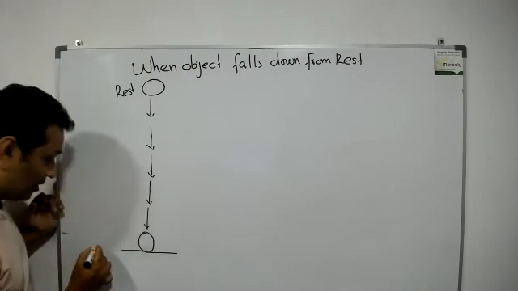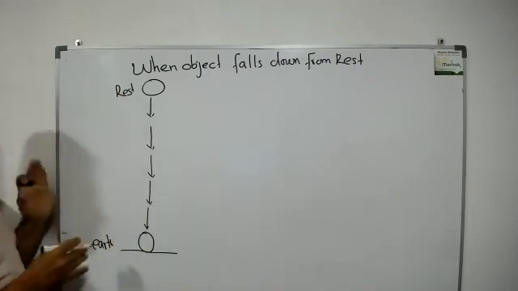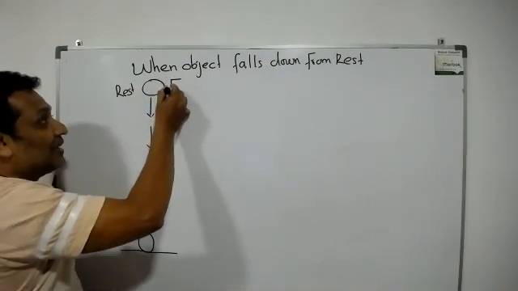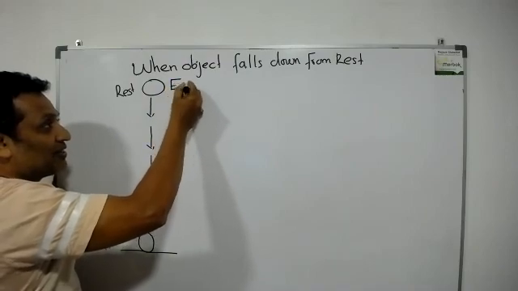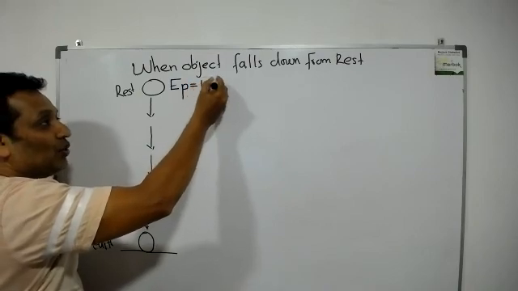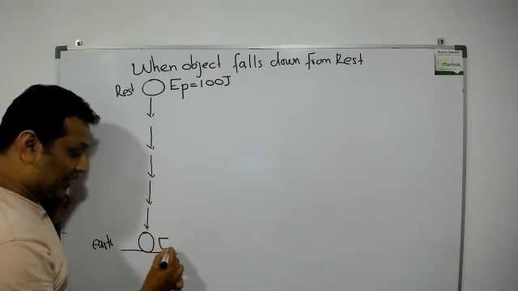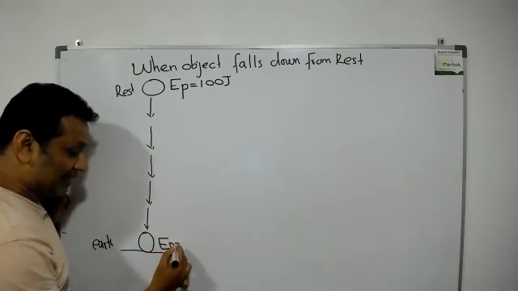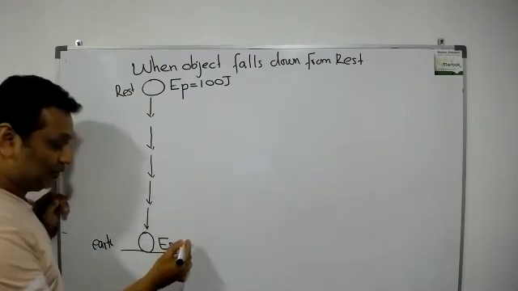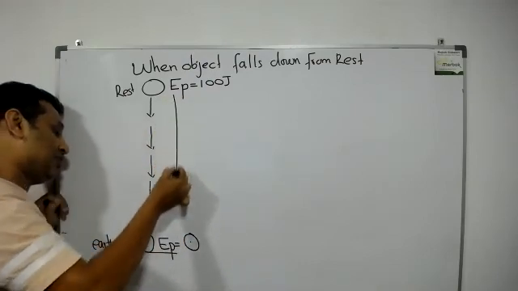If you have understood the previous idea, this will be easy for you. In this place, if there is a potential energy of 100 joule, what is the potential energy at this place when it touches the ground? The potential energy is going to be 0.